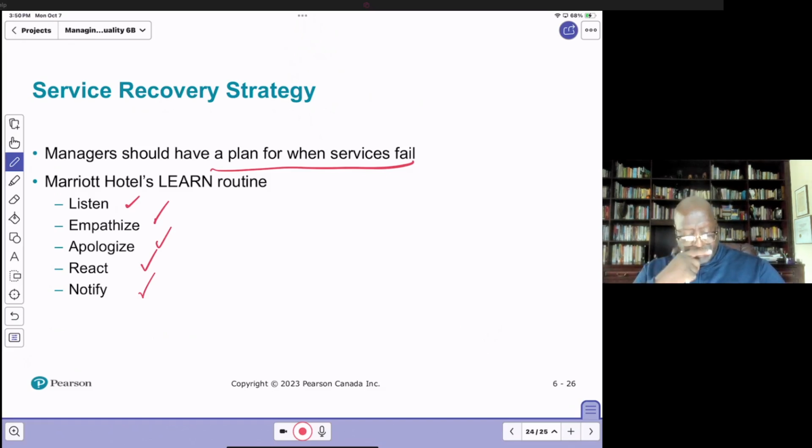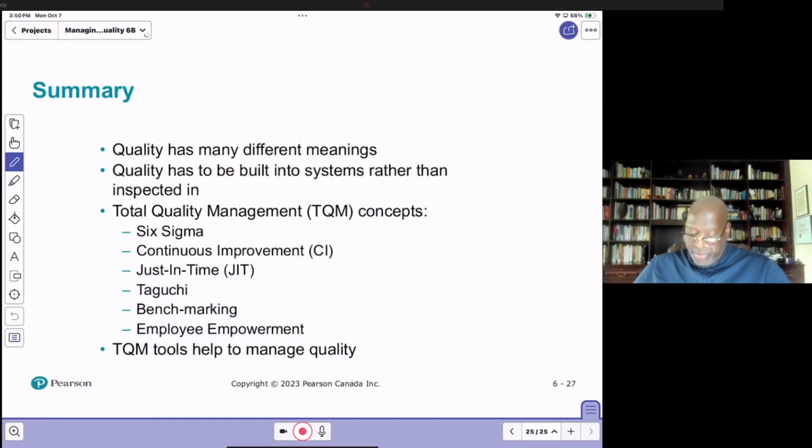So clearly that is something that you have to think about, how you compensate the failure. And then you must let the customer know if there's an error and the customer is not with you, you must notify them of what that error is and how you're going to correct it.